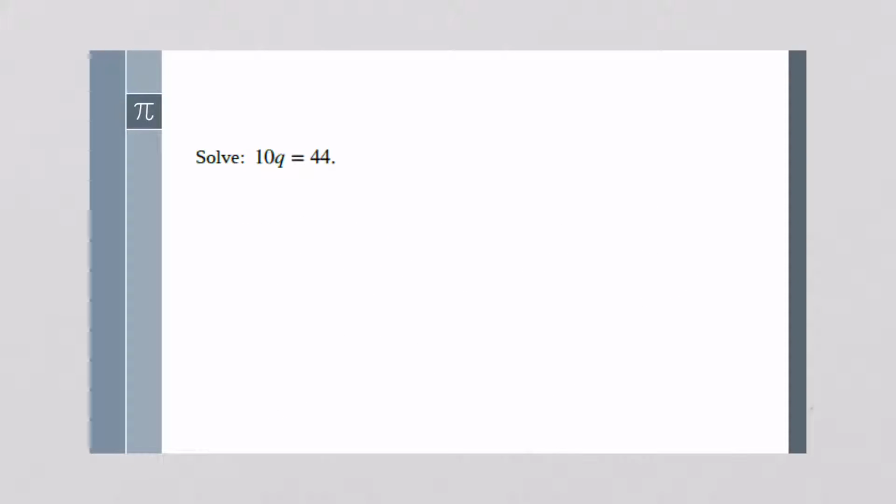Okay, for this problem right here, look and see what's happening to your variable. We've got 10q. What that means is 10 times q. How do you undo multiplication? You undo multiplication with division. So I'd have to divide both sides by 10. So I've got q is equal to 44/10. Those are both even numbers, so I know that they can be reduced.